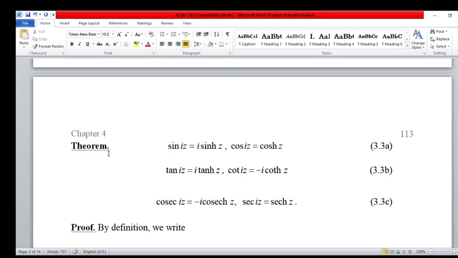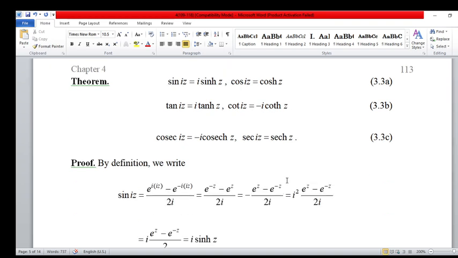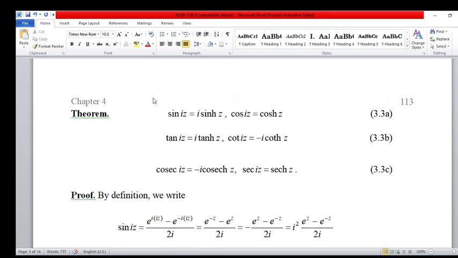We take theorem number 1: sin(iz) is equal to i sinh z, cos(iz) is equal to cosh z, tan(iz) is equal to i tanh z, cot(iz) is equal to −i coth z, cosec(iz) is −i cosech z, and sec(iz) is equal to sech z. These are the most important formulae.